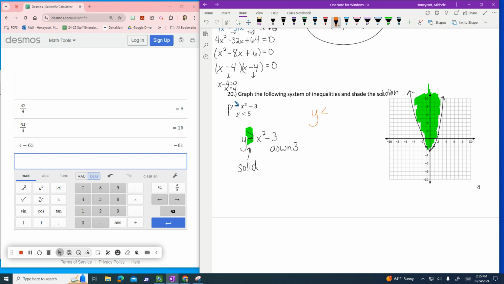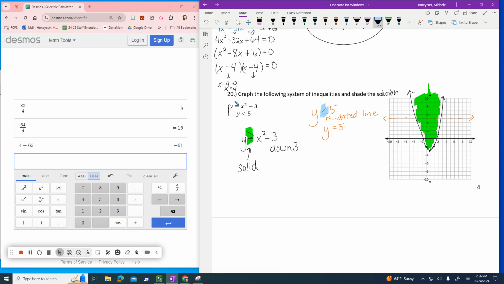Then I need to graph y is less than 5, which means I'm going to graph the boundary line y equals 5 with a dotted line. Y equals 5 is a constant function at 5, so I'm just going to draw a dotted line all the way across where y equals 5.